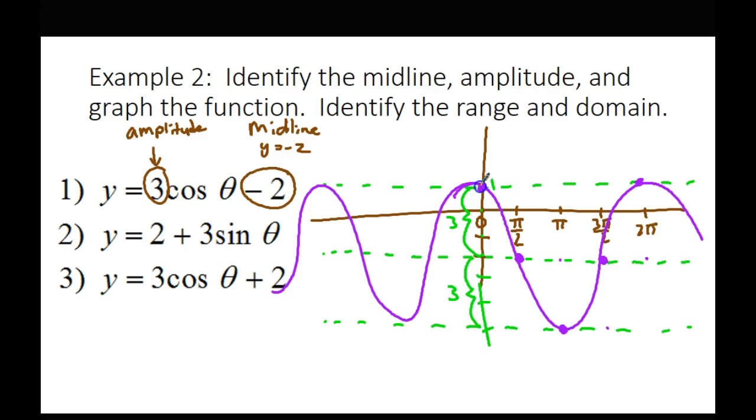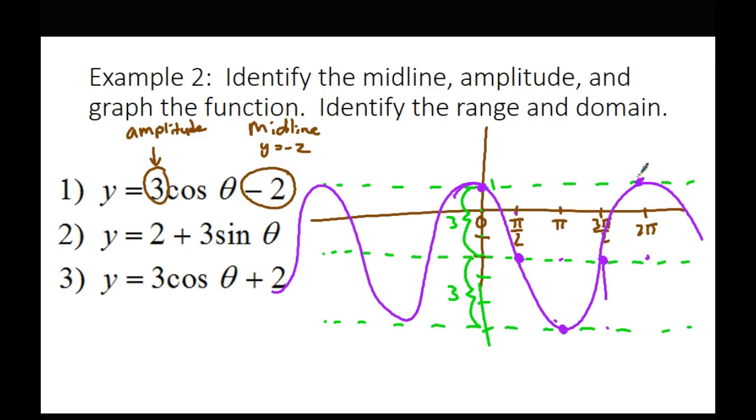So if I start here, it can only go down to the midline, and then to the minimum, and then back up. It's like a bouncing ball, boing, boing, boing, right? Now, when does it hit the midline? Over 1, down to the mid. Over 1, down to the min. Over 1, up to the mid. Over 1, up to the max.